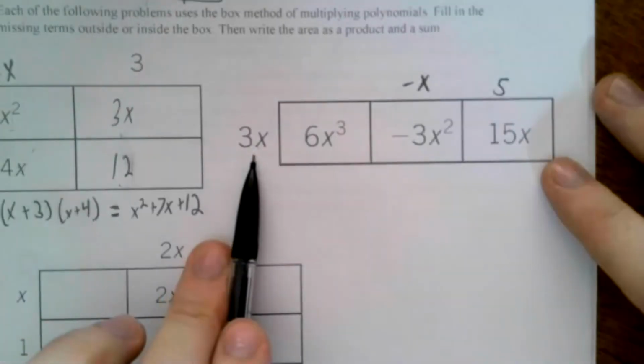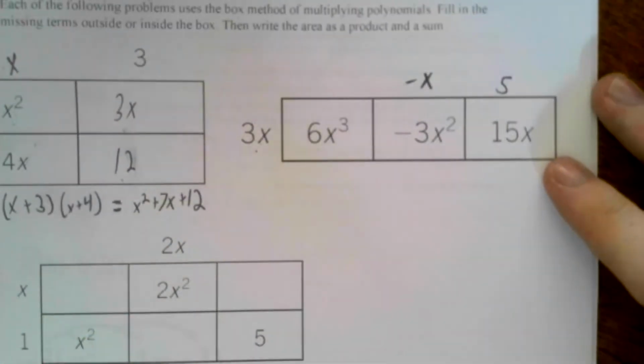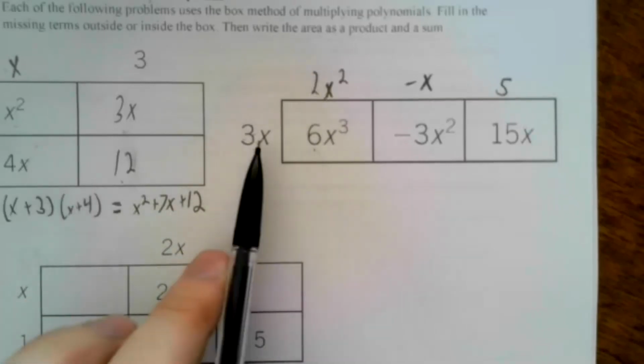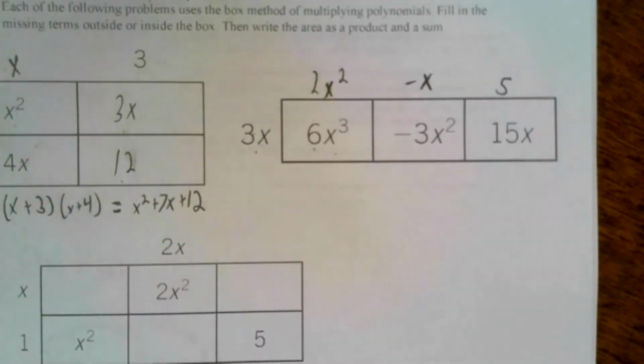Minus x. Yep. And 3x multiplied by what equals 6x to the third? 2x squared. Yep. We multiply the coefficients, we get 6. x times x squared, we get x to the third.